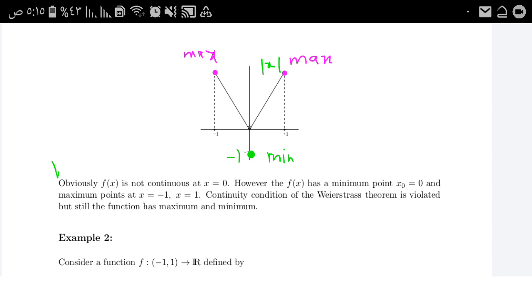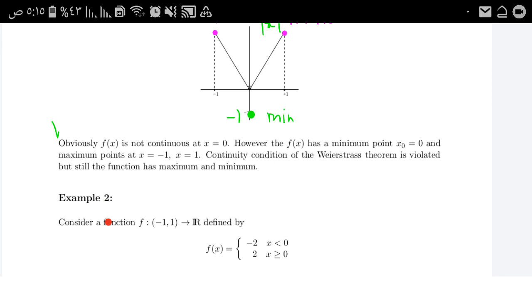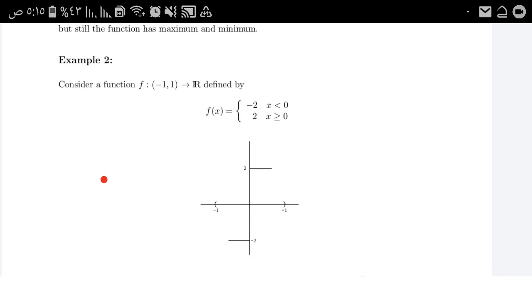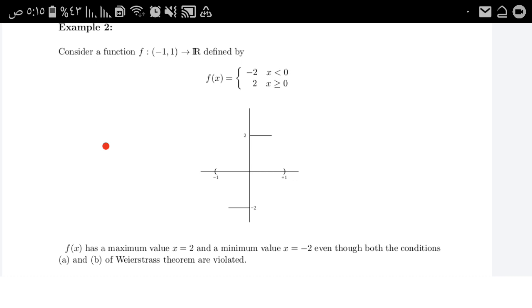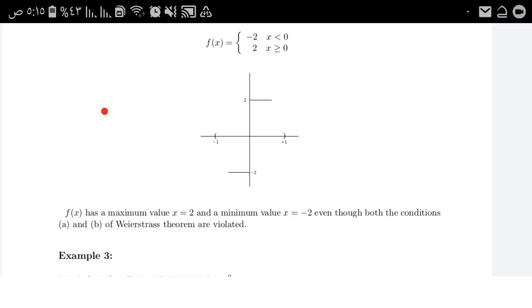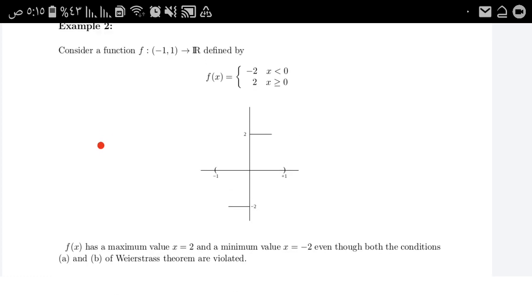So, example 2. Consider the function f from the open interval. In this example, the interval -1 to 1 is not closed.